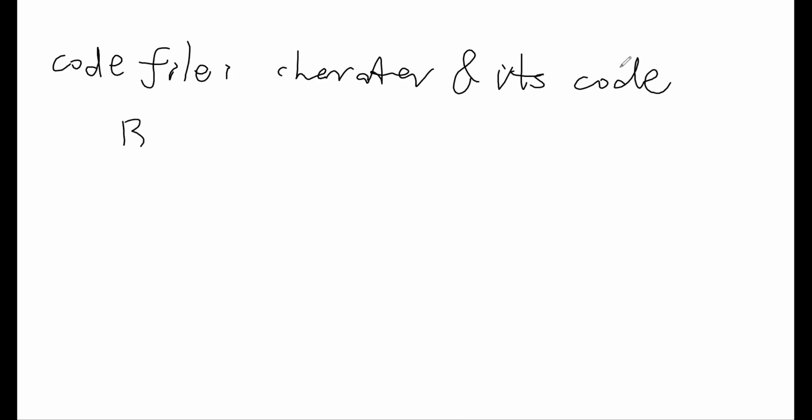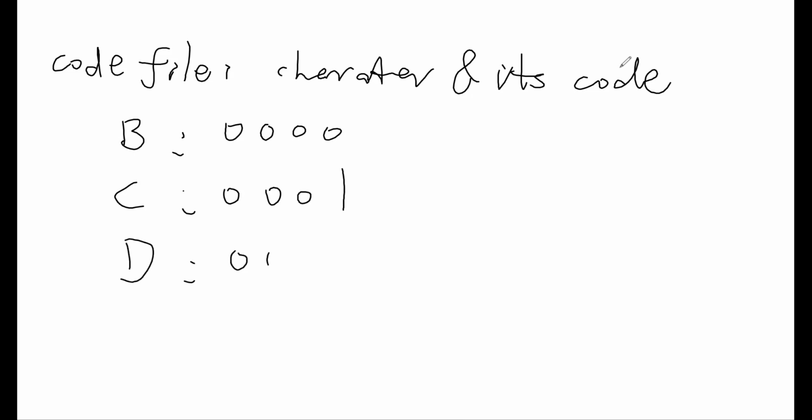Suppose it looks like this: B is 0000, C is 0001, D is 001, A is 01, and E is 1.